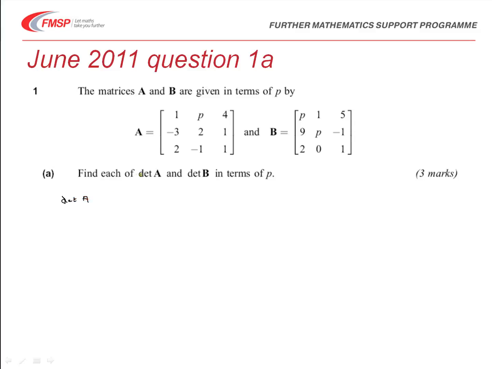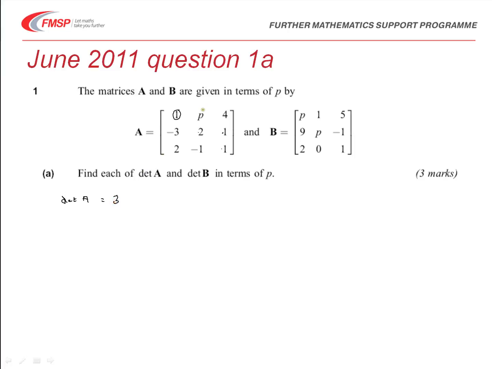And really it's just a question of deciding which row or column to use in expanding this determinant. Since p is in the top row, it would seem to make sense to use the top row as the expansion. So we start with 1 times the determinant of 2, 1, minus 1, times negative 1, which is 3.